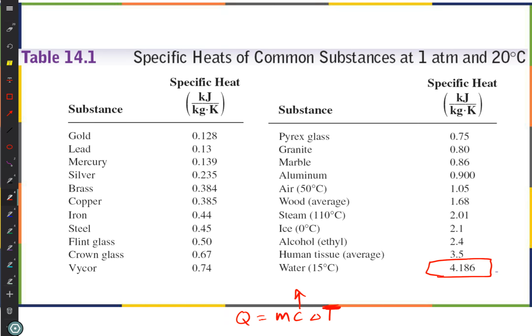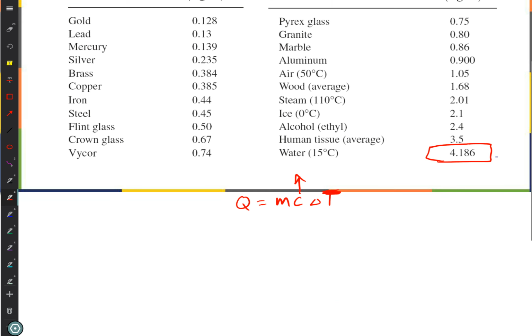Because if I have water, I can put a lot of heat into it, and the temperature only changes by a small amount. If I solve this for change in temperature, changing temperature is the heat over MC.